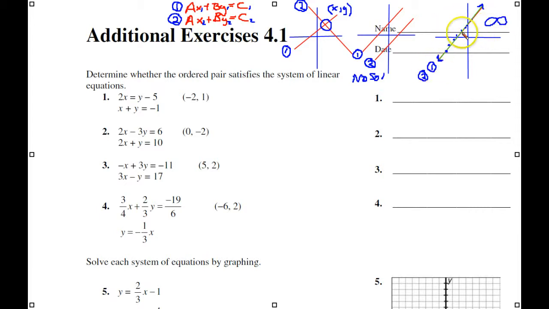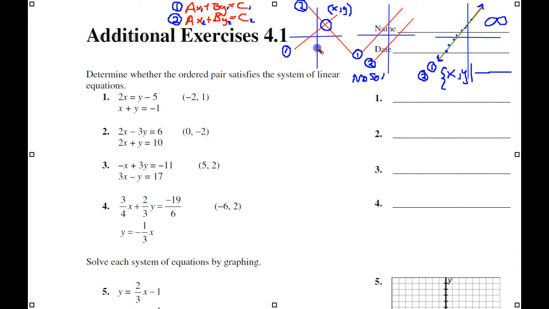And you write the answer to this as saying there's an infinite number of solutions, or they sometimes will give it to you in set builder notation. They'll say x comma y is such that it's one of the equations, because the other equation is the same. It's just disguised. And here, the system of equations are dependent in that they're the same line, and they are consistent.